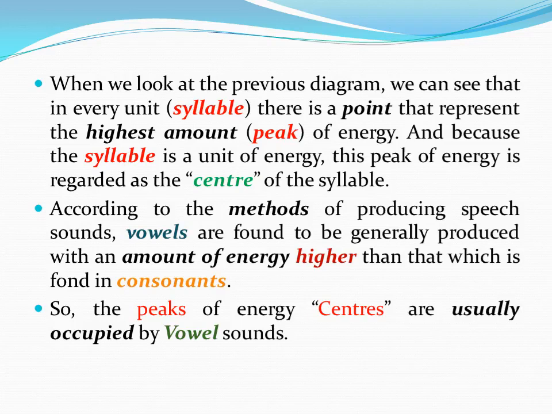As we have said, according to the method of producing sounds, they are different from one another in the amount of energy they are produced with. And it is found that vowels are produced with an amount of energy which is noticeably higher than the energy of consonants.